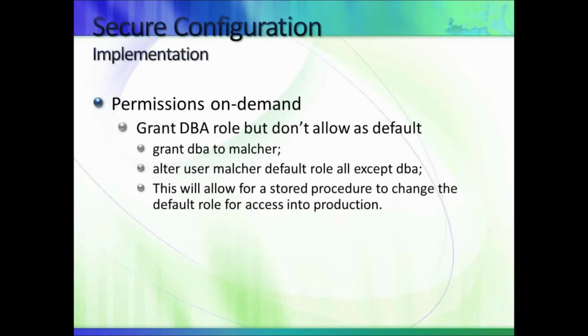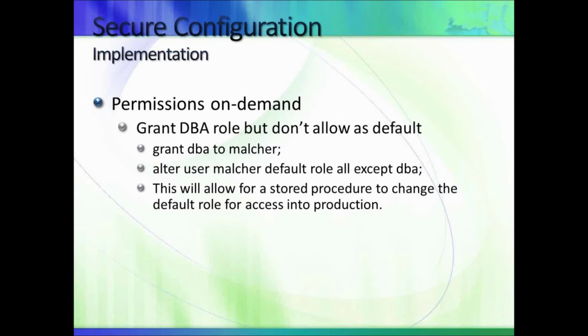Another thing that you could implement, and sometimes makes sense to do because you're really protecting yourself as a DBA not to have the full permissions, is to grant DBA to the user itself and change it to be a non-default role.